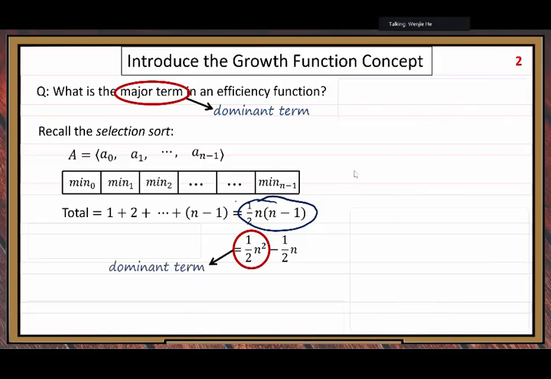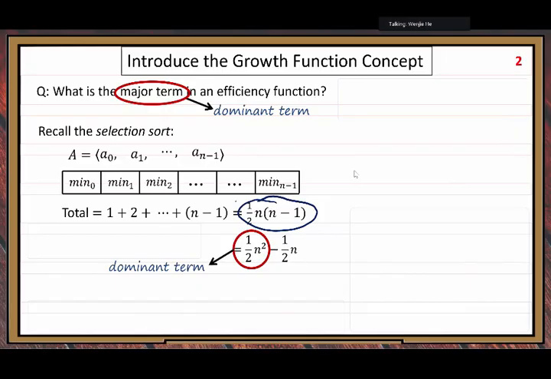But the dominant term still contains this one half coefficient, this constant coefficient. The impact of this constant is not as big as the variable. Your n can increase, becoming larger and larger, but the constant never changes.